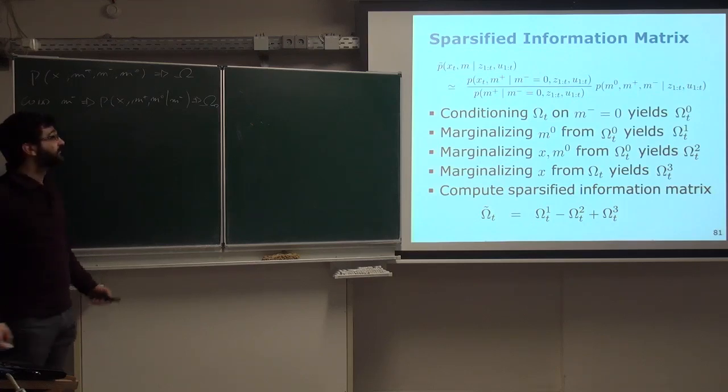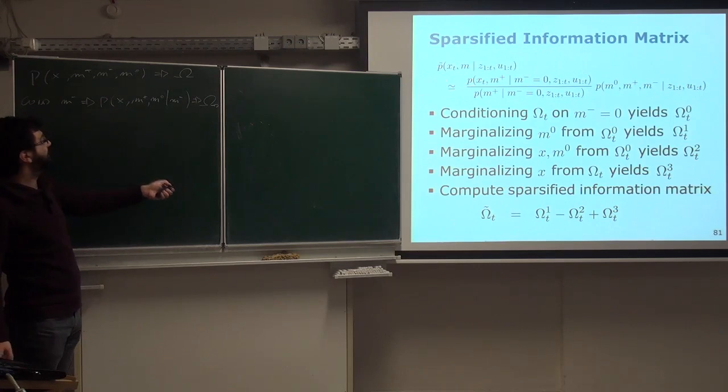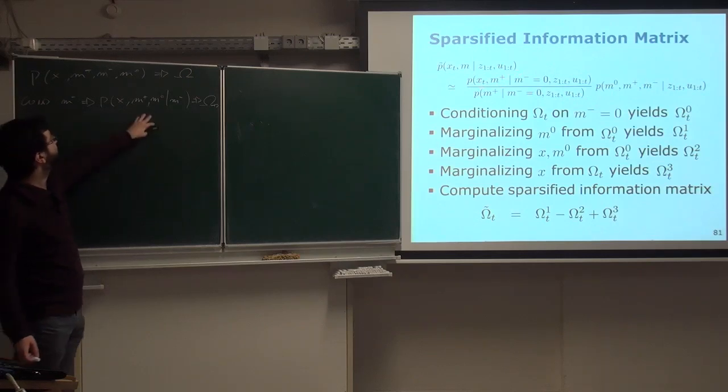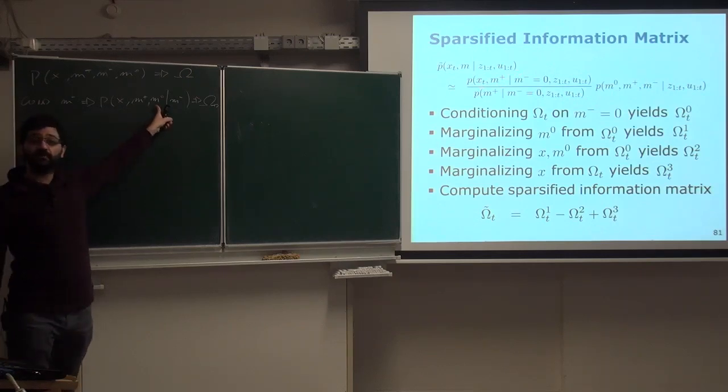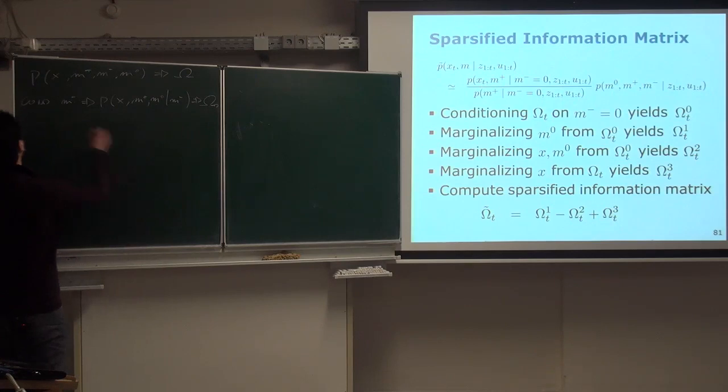Okay? Now, we are still nowhere near what we need, because this distribution is nowhere in there. But we have the upper part, which is very similar, because it's exactly this when we marginalize m0 out. Okay? So then we marginalize m0, which is the integral of this.